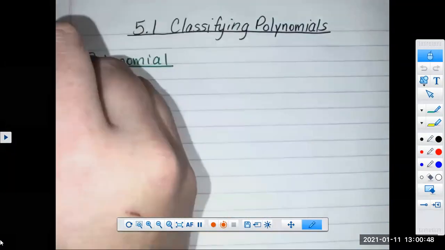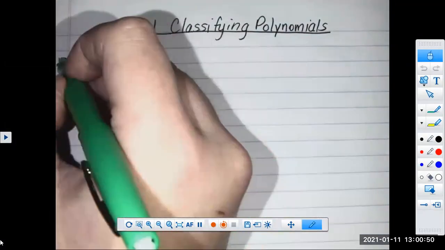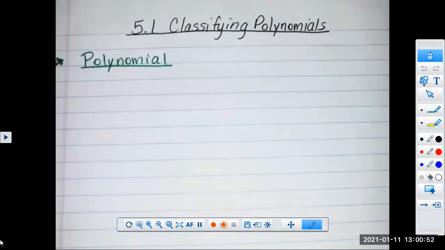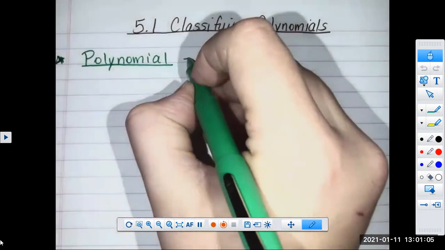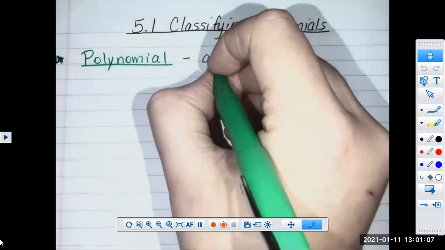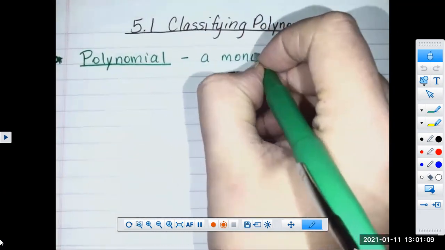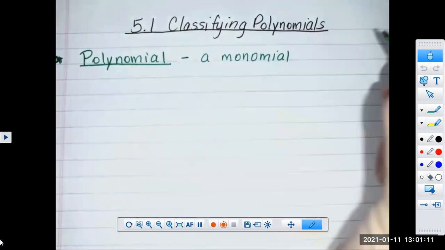Does anybody know what the prefix poly means? Multiple. Poly is many or multiple. A polynomial is a monomial. You might know what the prefix mono means?